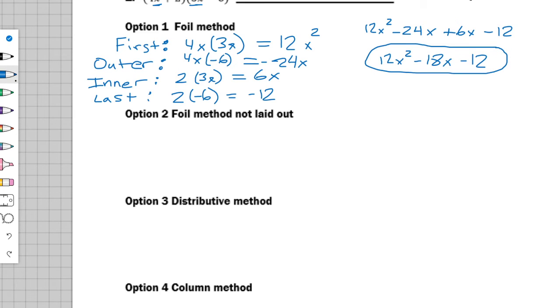So first terms, first, I'm just going to use the FOIL just because writing that might be a little tricky on those.